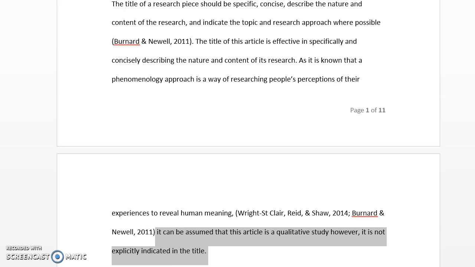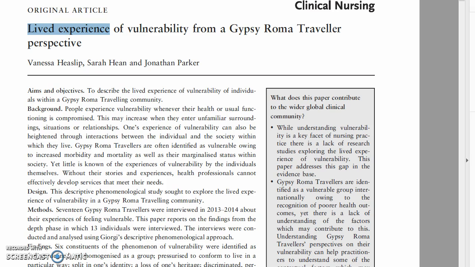They set out the setting. Lovely. Like the Gypsy Roma traveller. They told us who they were going to be doing their research on, but they didn't say what sort of a study. And the title means something to somebody who knows a little bit about research. But what happens if you were doing something for work and wanted to look at vulnerable groups?